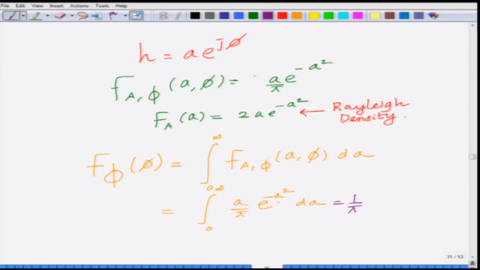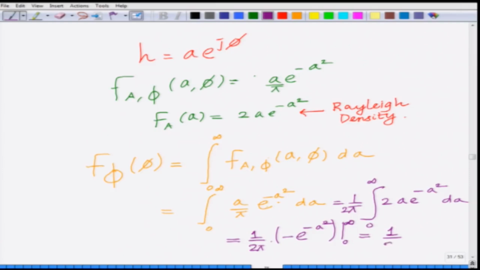So, I bring 1 by pi outside. Now, if I multiply and divide by 2, I have 1 over 2 pi, integral of 2a e raised to minus a square da, and the integral of 2a e raised to minus a square is minus of e raised to minus a square. So, this is 1 over 2 pi times minus e raised to minus a square between the limits 0 to infinity, and this is basically 1 over 2 pi times 1.